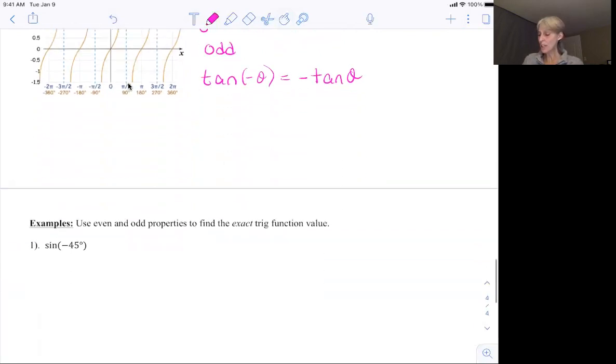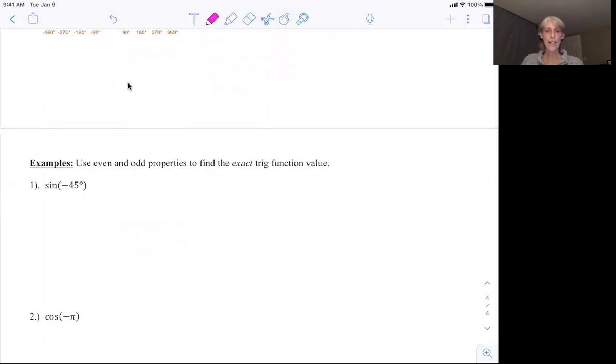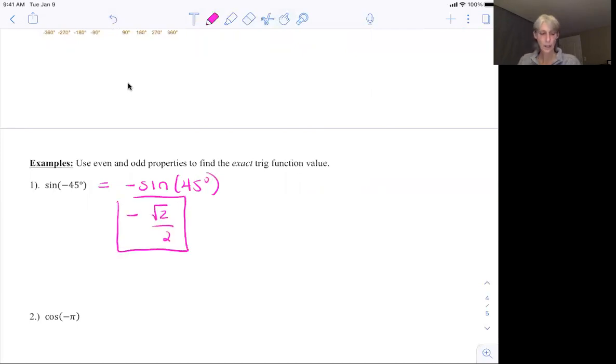So if we want to use even and odd properties to find exact trig function values, just remember the sine of negative 45, instead of adjusting it, you could just take that negative out front. And that's negative radical 2/2. So it makes analyzing things a tad quicker if you memorize your properties.